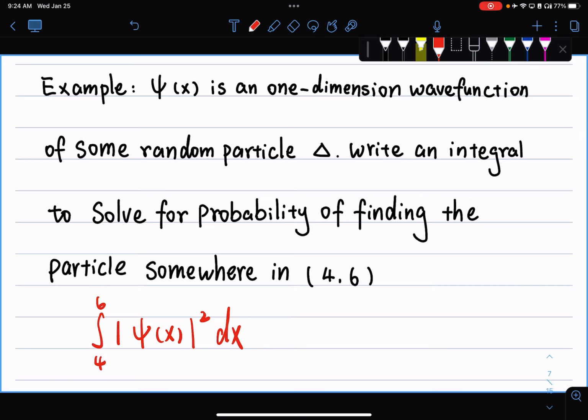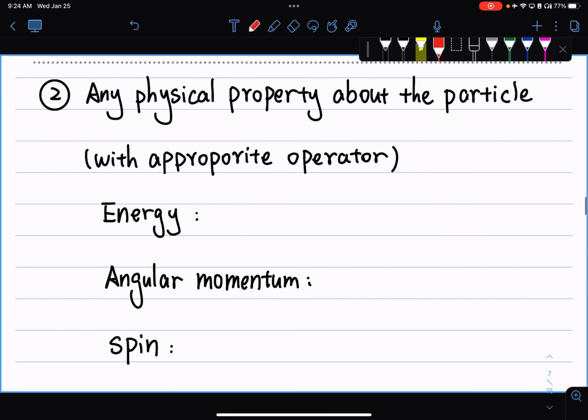All right, that's one way of using the wave function. The other way to use the wave function is, like I said, it's an oracle. You can get any physical property about the particle as long as you have the appropriate operator for it. For example, for energy, we use a Hamiltonian operator acting on phi x.